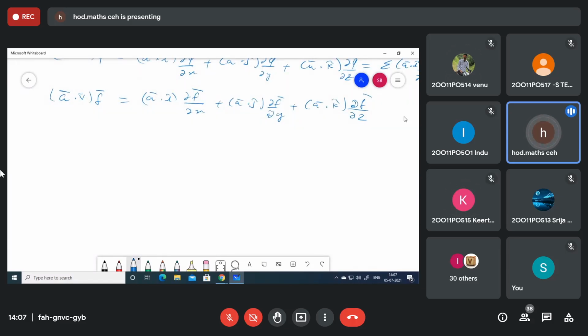So this is the scalar differential operator. Why scalar? Because if you take the dot product of a bar with del, you are going to get a scalar value here.